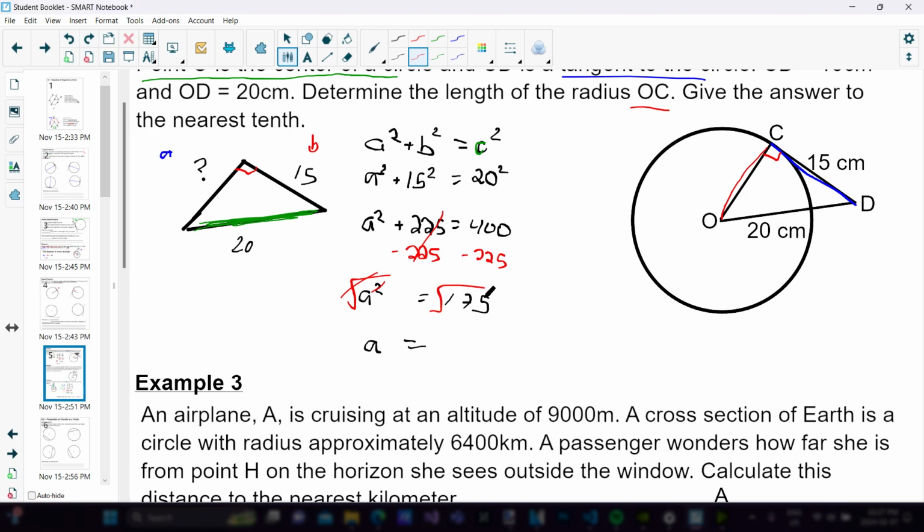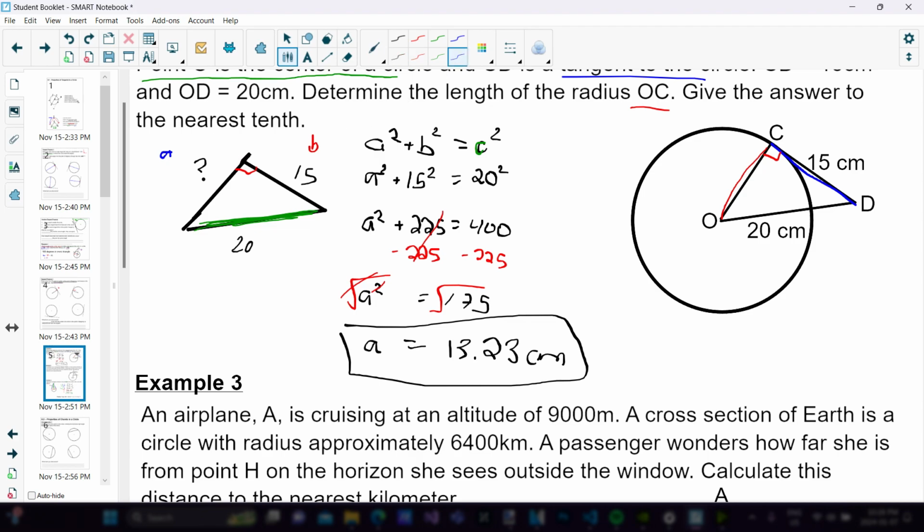Unfortunately, I do not know the square root of 175 off the top of my head, so I'll pull my calculator out, and I get 13.23 centimeters. So that is the length of that side. 13.23.